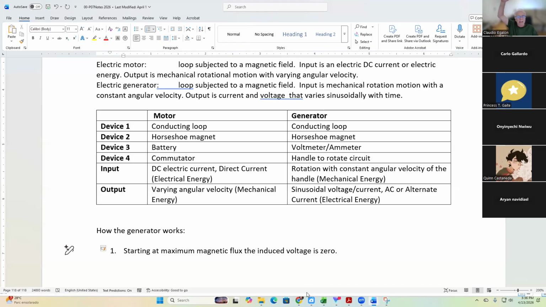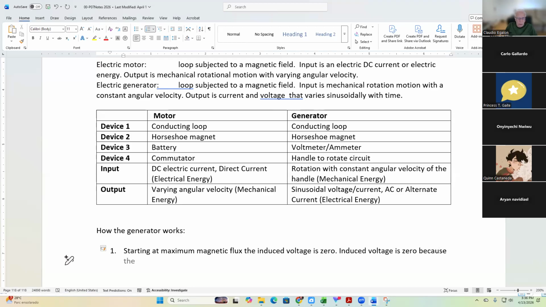Because at maximum magnetic flux, the magnetic flux is changing from a positive slope to a negative slope. When we have this change from positive slope to negative slope in time, it means that the change in magnetic flux at maximum is going to be zero. Maximum magnetic flux, induced voltage is zero.